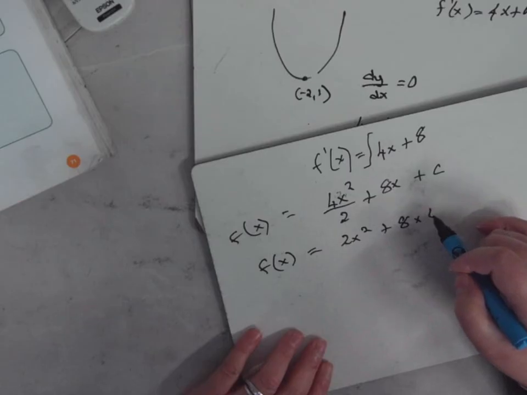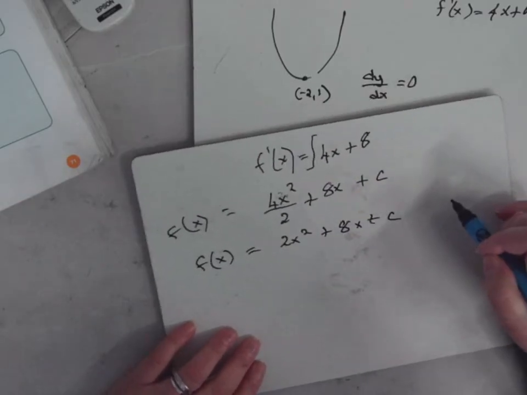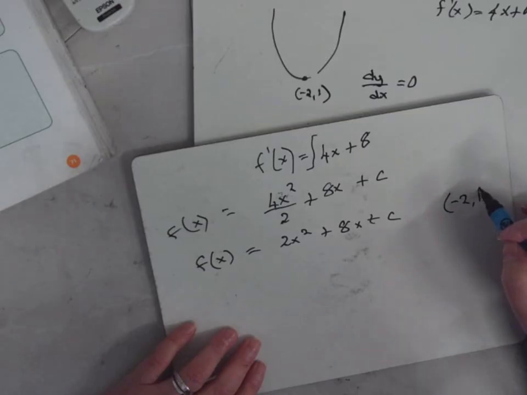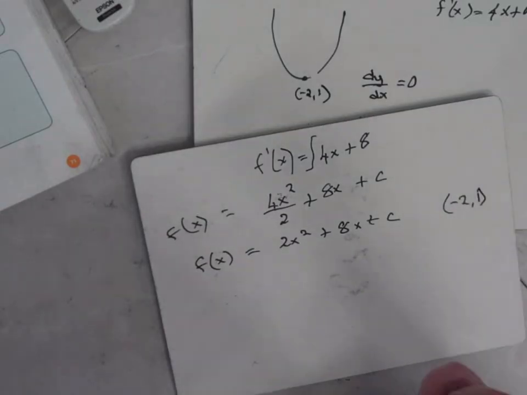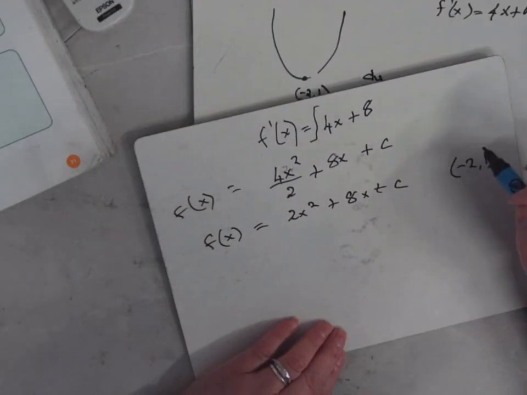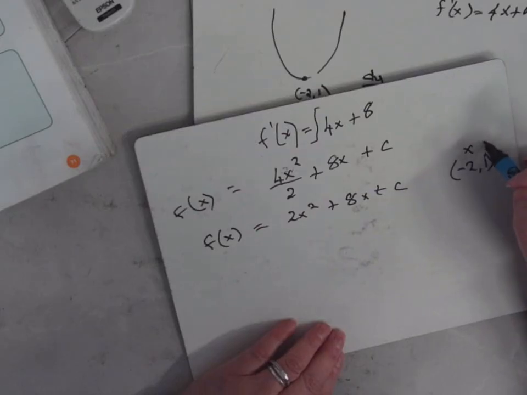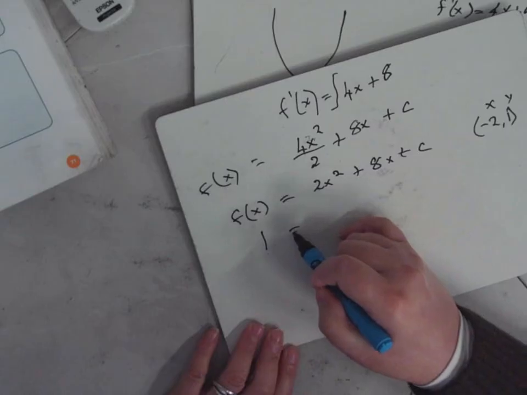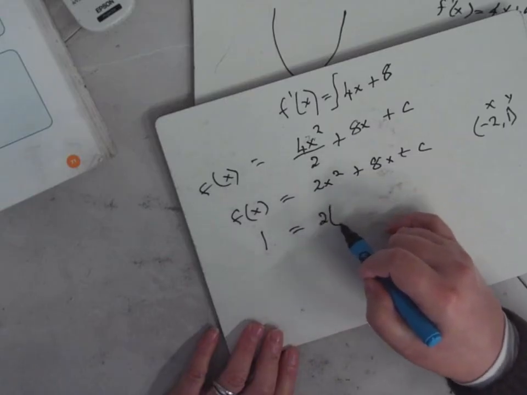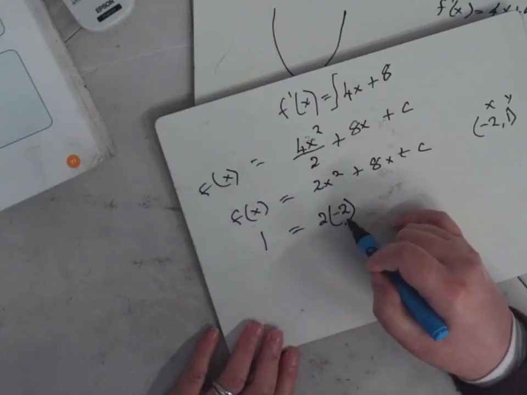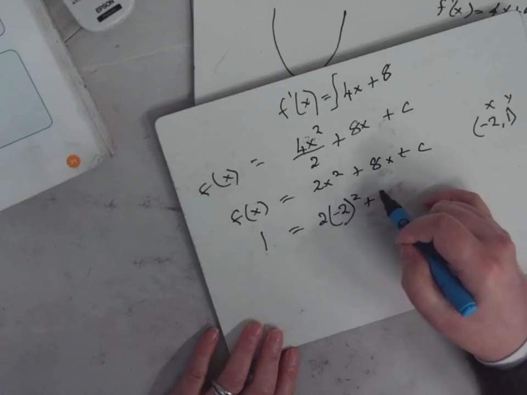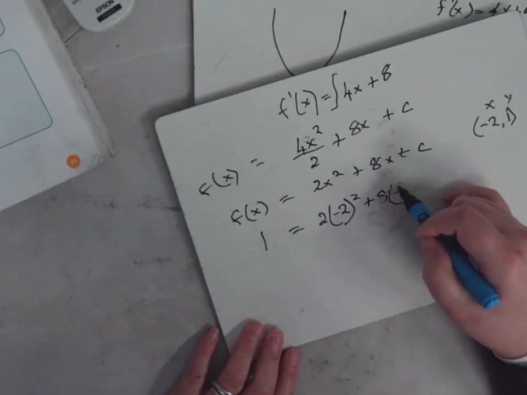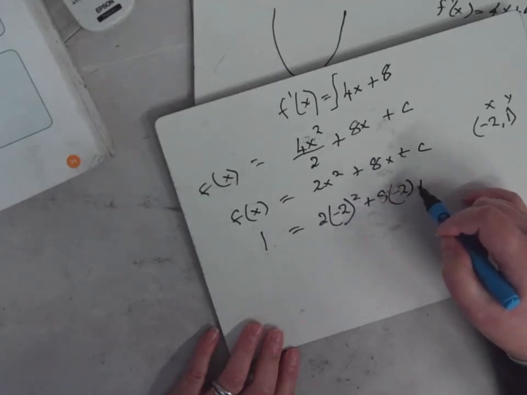But I know it went through the point minus 2, 1. So minus 2, 1 was useful twice, because it helped me find out k, and now it's going to help me find out c. Everywhere I see an x, put in a minus 2. Everywhere I see a y, put in a 1. So f of x is y. So 1 equals 2 times minus 2 squared plus 8 times minus 2 plus c.